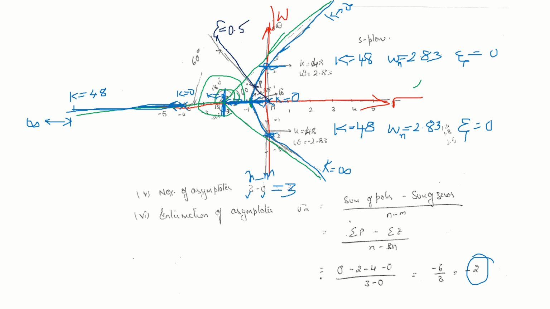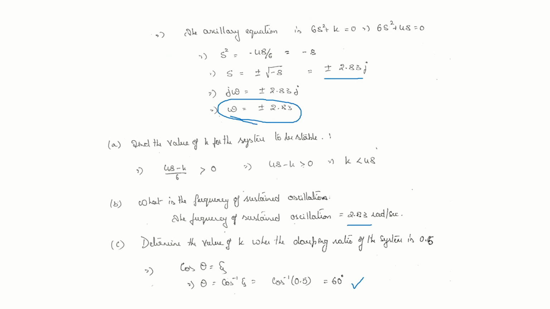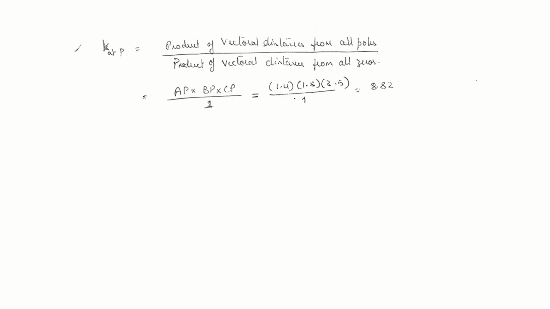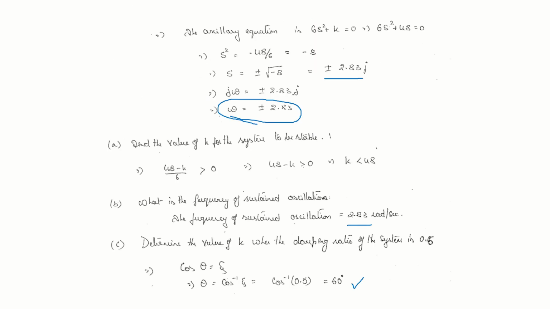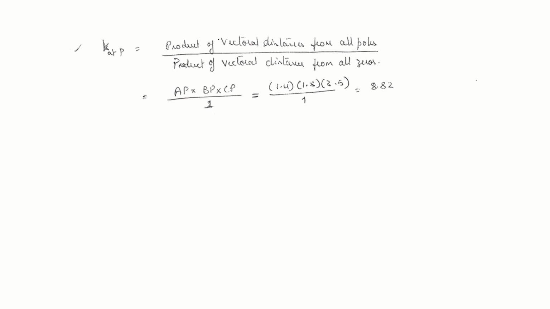And this will cut the root locus at this point. What is the k value there? It is the product of vectorial distances from all poles divided by the product of vectorial distances from all zeros.